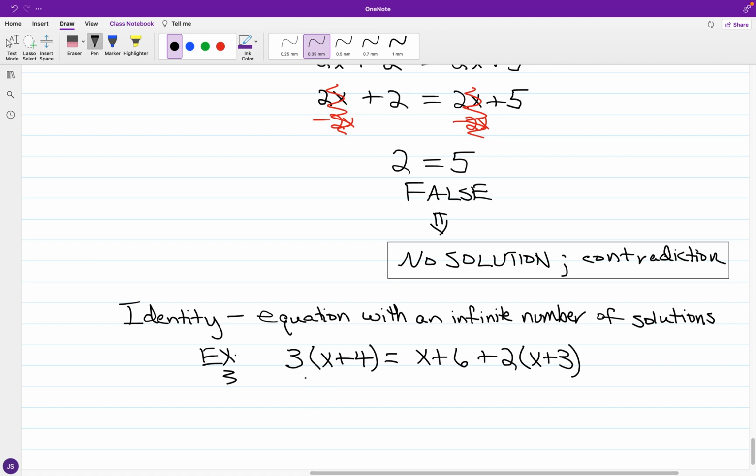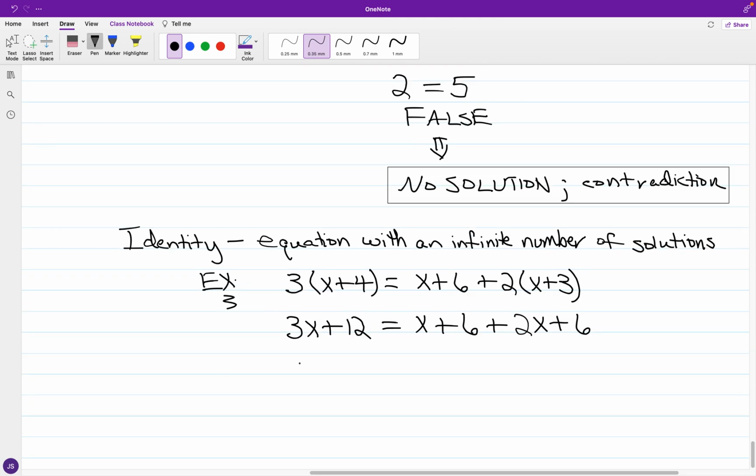So for what we have on the left, if I distribute, we have 3x plus 12. To the right, I have x plus 6 at the front, and distributing 2 over the quantity of x plus 3, we have 2x plus 6.